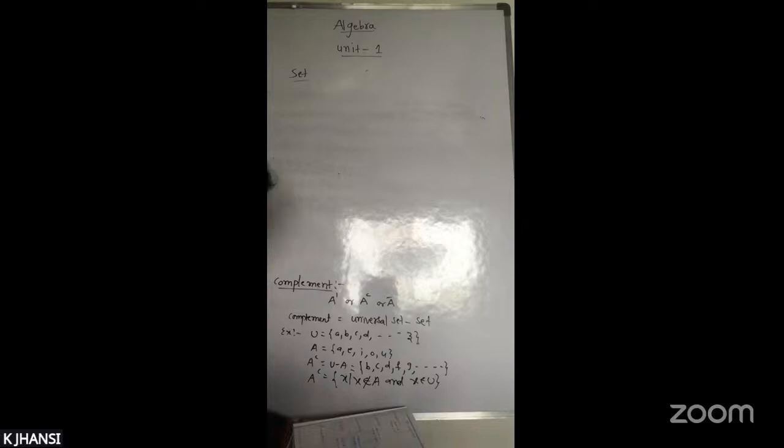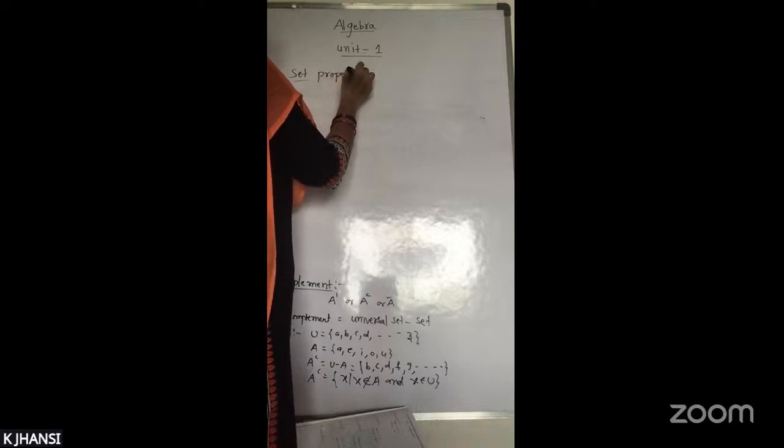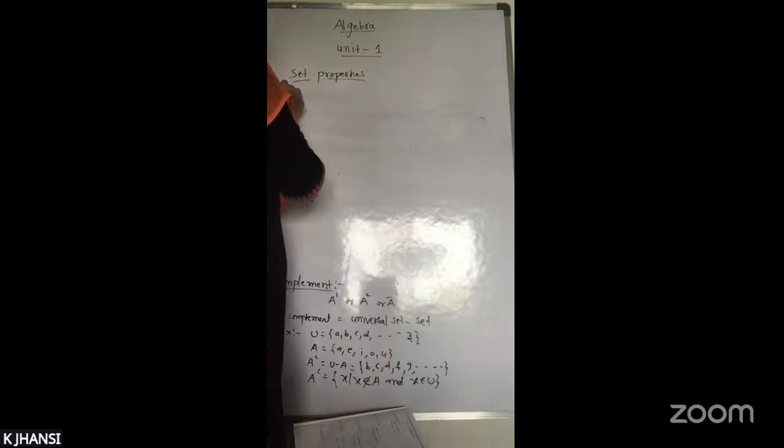So the first property is the associative property.